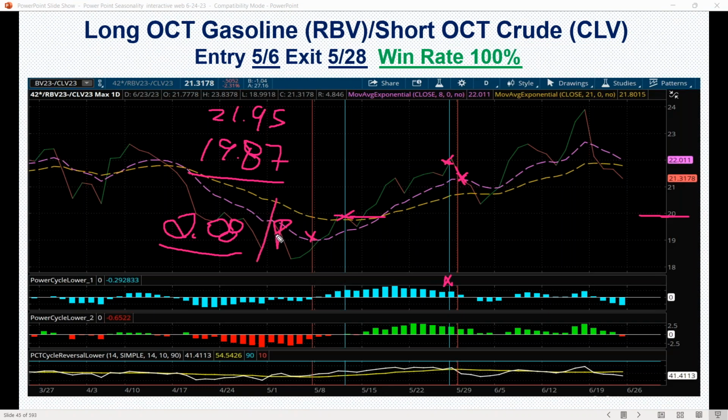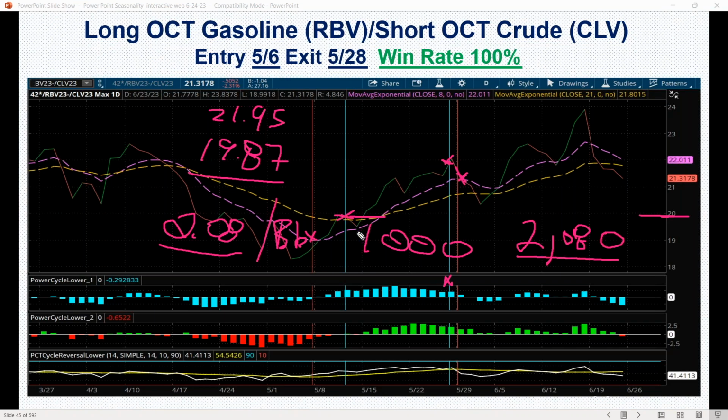Now per barrel, so when we look at one contract of the WTI, one contract of oil is equivalent to 1,000 barrels of oil. So your profit here would be 2.08 times 1,000. So your profit would have been $2,080.